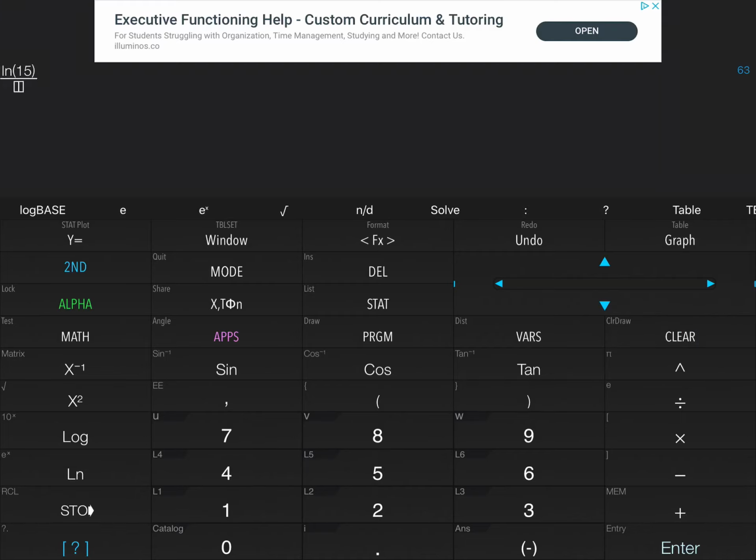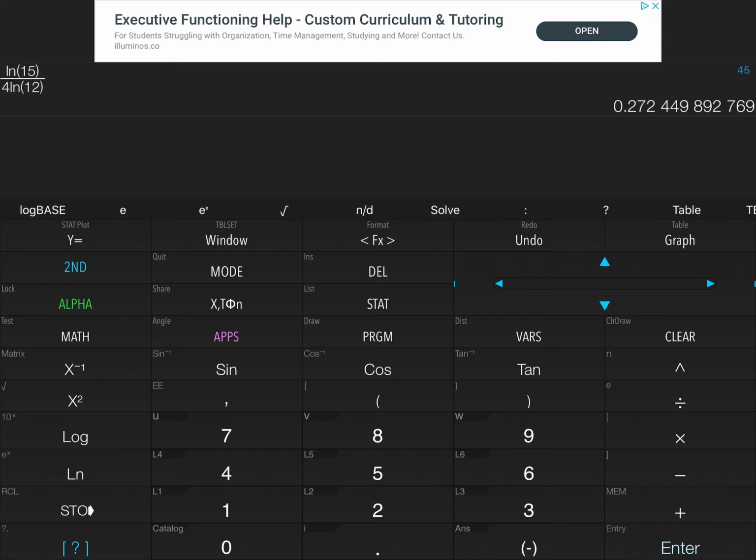Clear everything. ln 15 divided by 4 times natural log of 12. Now, the answer is 0.2724.